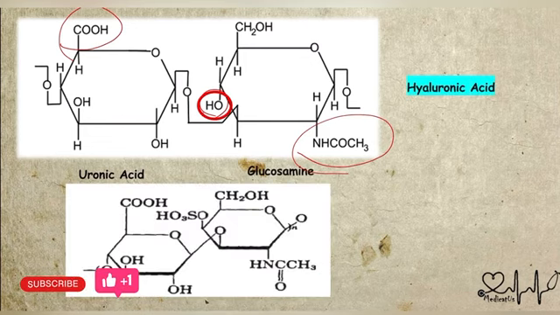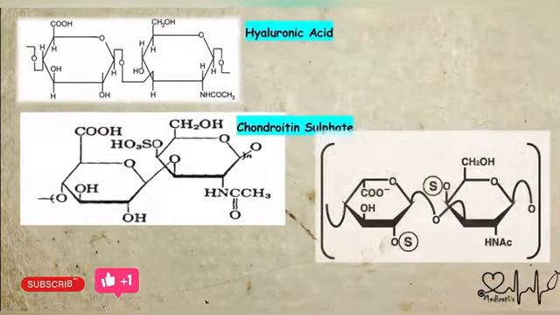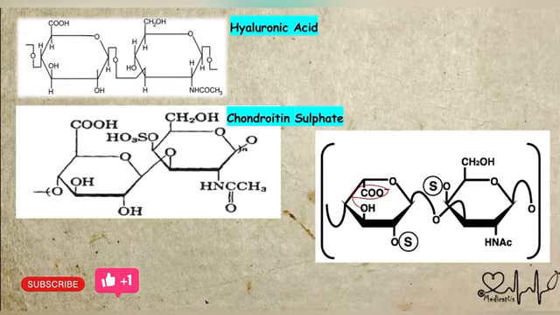Whereas this molecule has uronic acid in it. But this OH is on the upper side. It means it is not glucosamine, but galactosamine. And the only molecule which has uronic acid with galactosamine is chondroitin sulfate. Whereas this structure has COOH, but on the lower side. It means it's an acid, but it's not glucuronic acid.